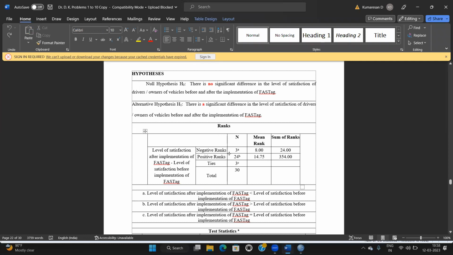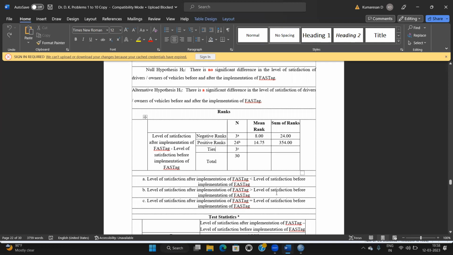Rather, we have to check this. Because earlier it was not given like this. Here, negative ranks, positive ranks, and tied ranks.